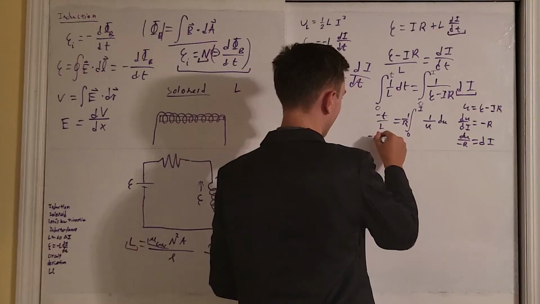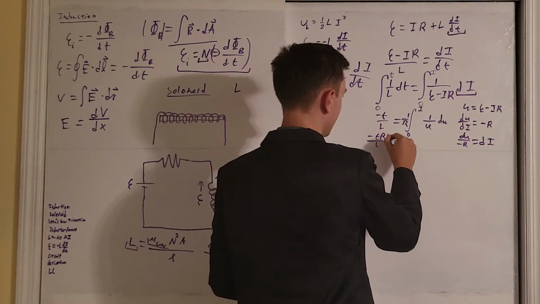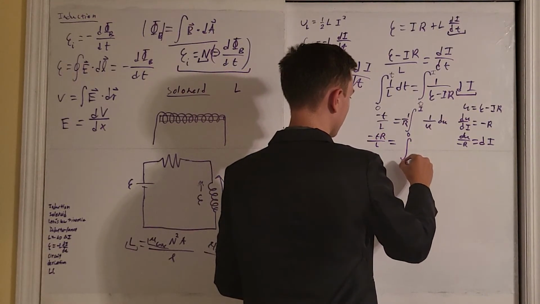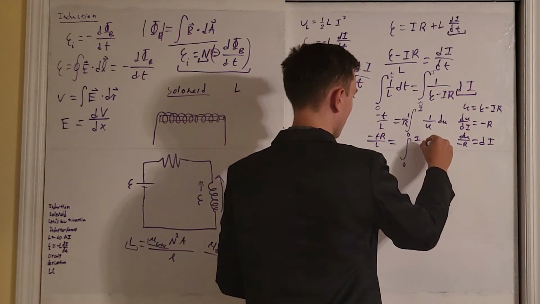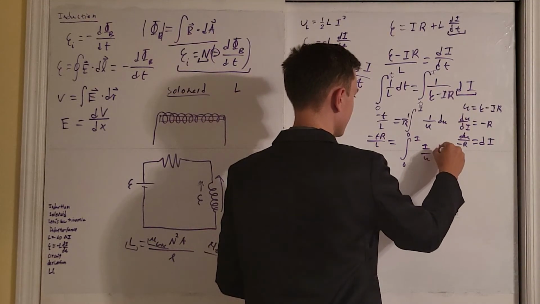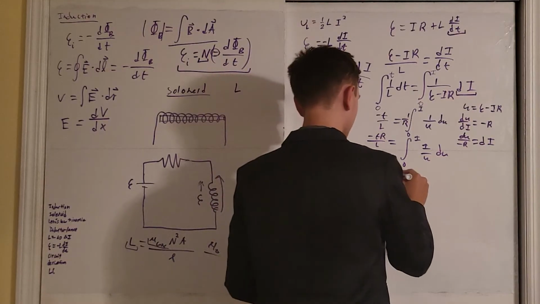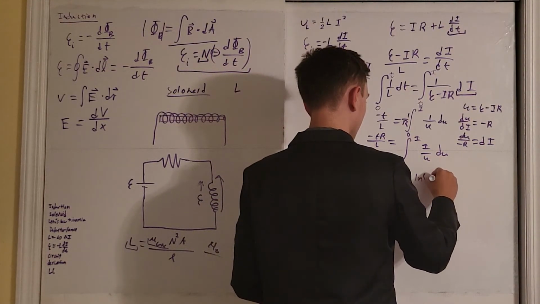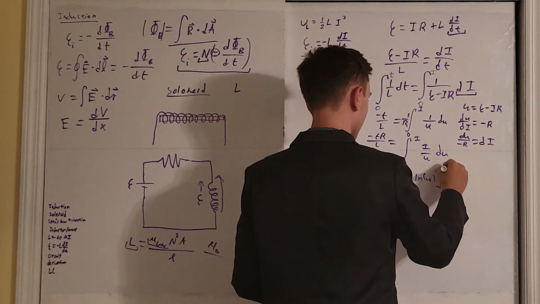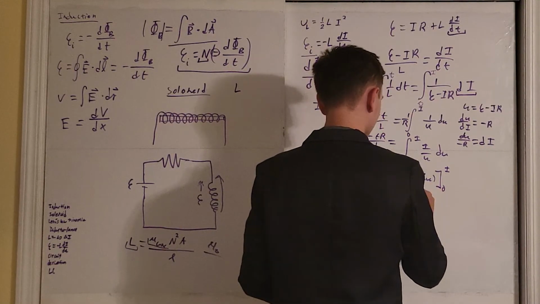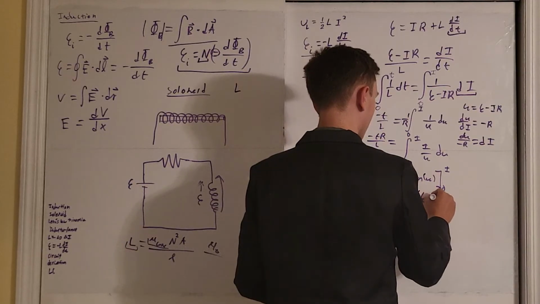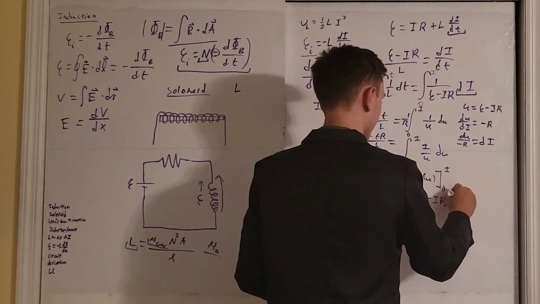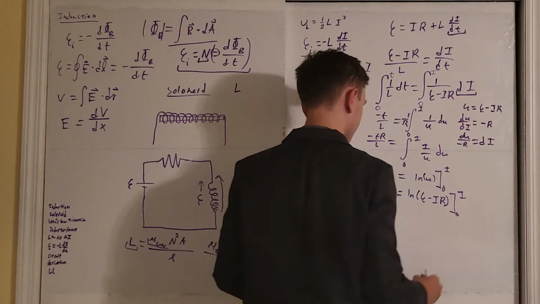Multiply both sides by R. Negative tR over L equals the integral from 0 to I of 1 over u du, which is therefore going to equal the natural log of u evaluated 0 to I, which equals the natural log of epsilon minus IR evaluated 0 to I.